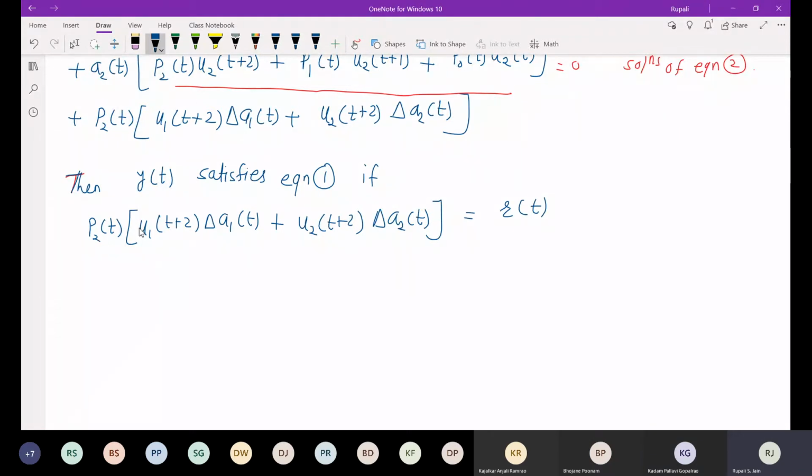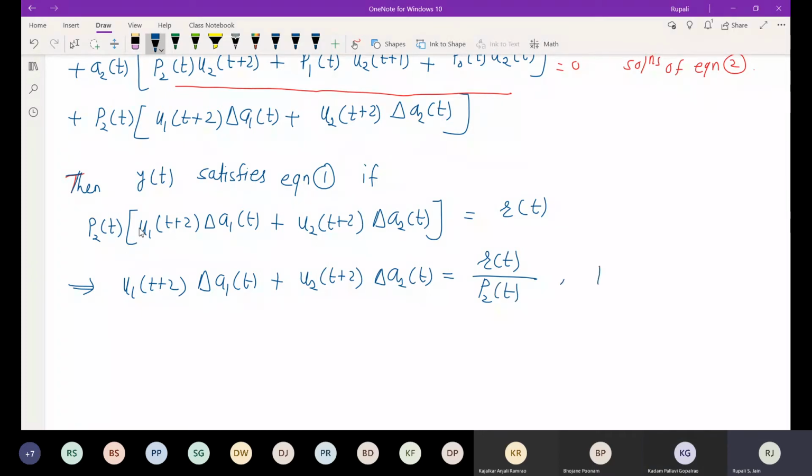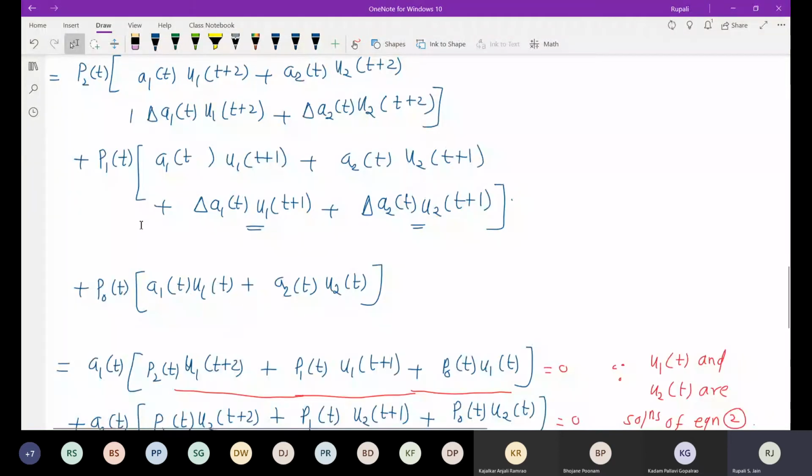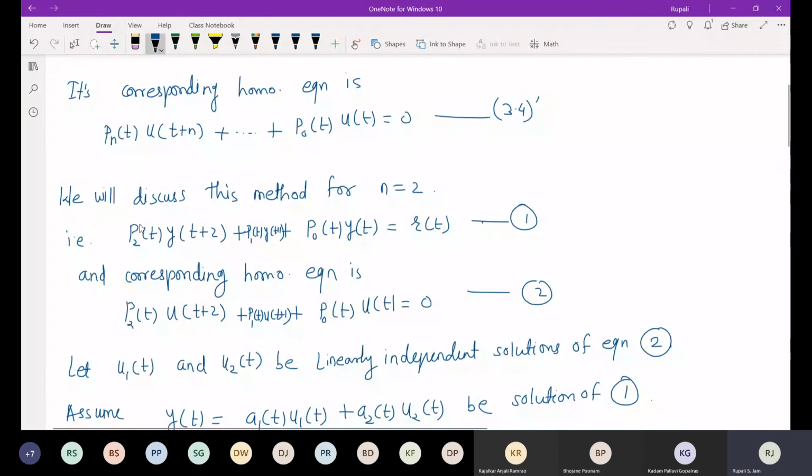So this implies u1 t plus 2 delta a1t plus u2 t plus 2 delta a2t is equal to R of t divided by P2 of t. We know that P2 of t is non-zero, because it is second order.